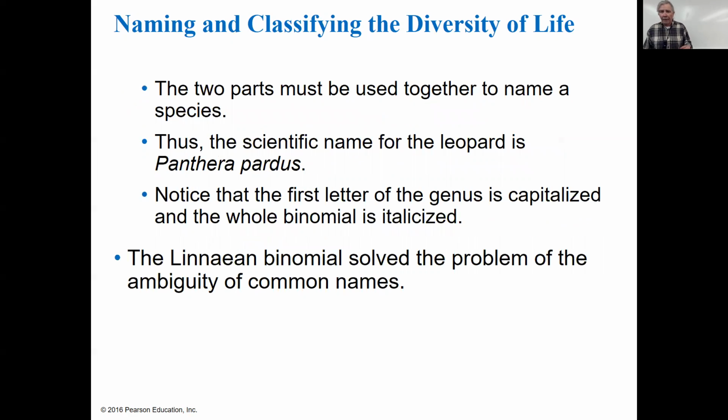So remember, the scientific name for human beings is Homo sapiens, which is Latin for wise man. I don't know about that, but wise man. Now, we are the only extant member of our genus.